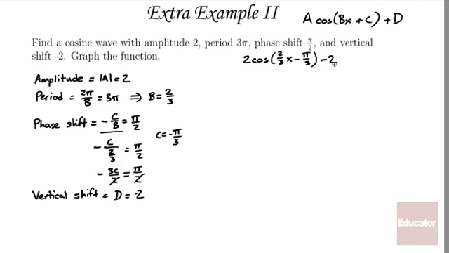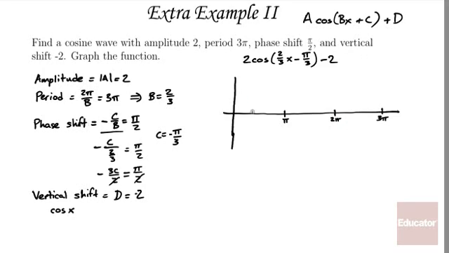But again, it's not so tricky if you start with a basic cosine wave, if you remember how to graph that, and then you introduce these attributes in the right order. So we'll start out with a basic cosine wave, cosine x. There's pi, 2 pi, 3 pi.